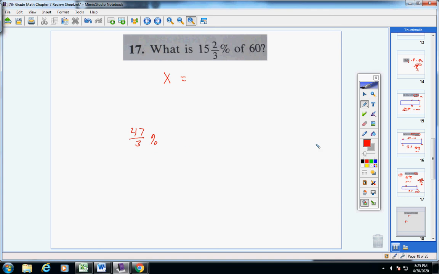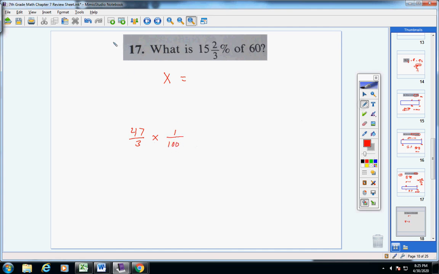How do you change that percent to a fraction? Well, remember you divide it by 100, which is the same thing as saying 47 over 3 divided by what? 100.